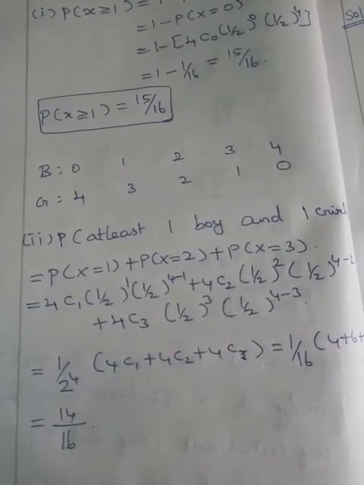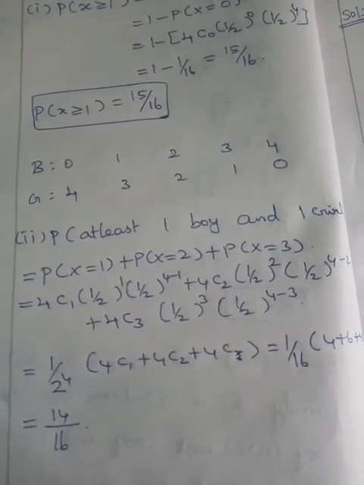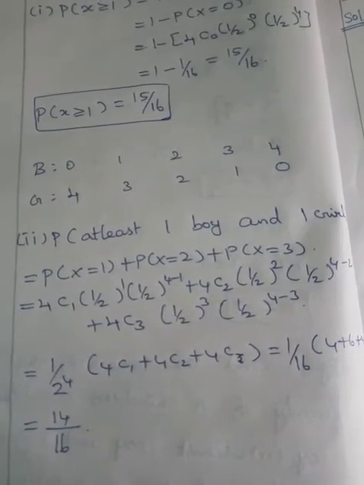It is equal to probability of X equal to 1 plus P of X equal to 2 plus P of X equal to 3.